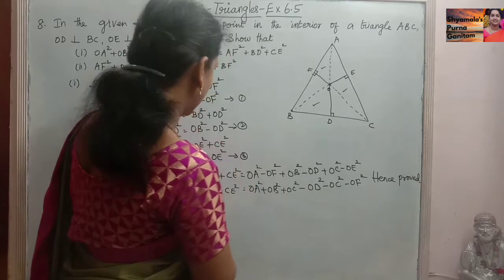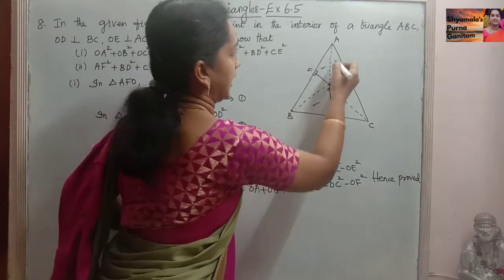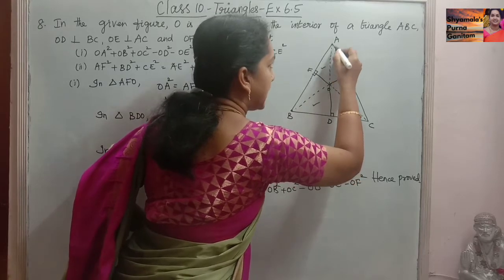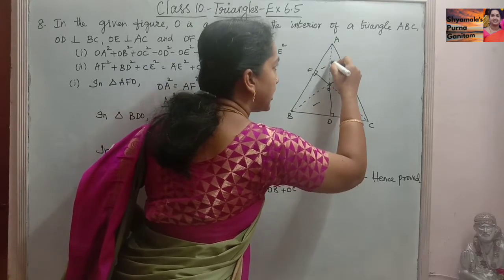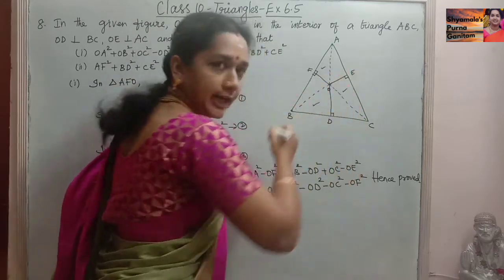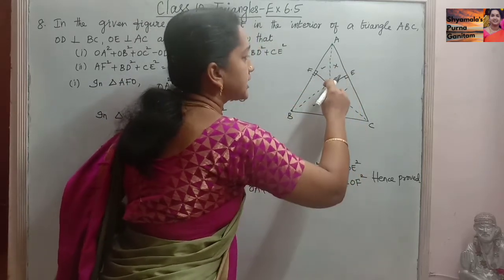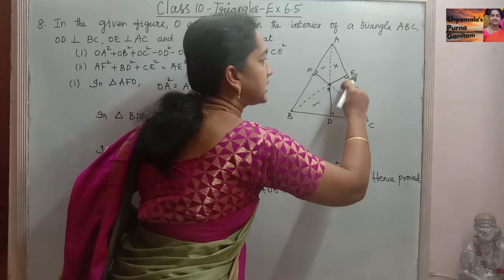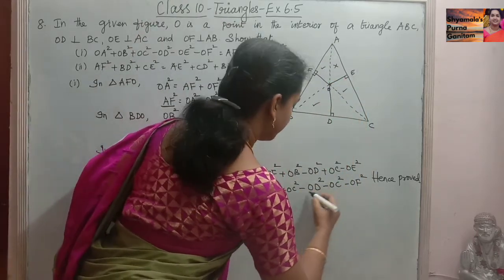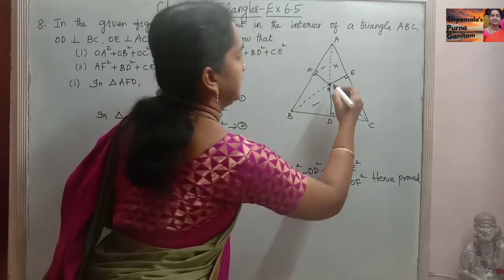If we take OA squared and subtract OE squared, this is also a right angle triangle. So OA squared minus OE squared.